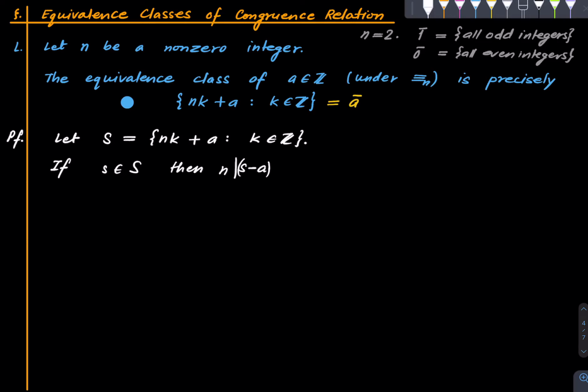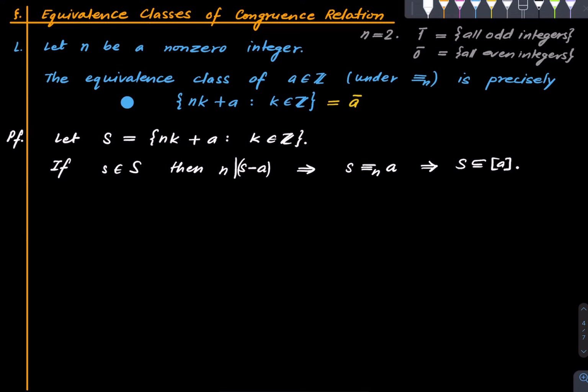This is clear because s looks like that, and if you subtract a from it, you get something divisible by n. So n divides s minus a, and that implies s is related to a, and therefore S is contained in the equivalence class of a.